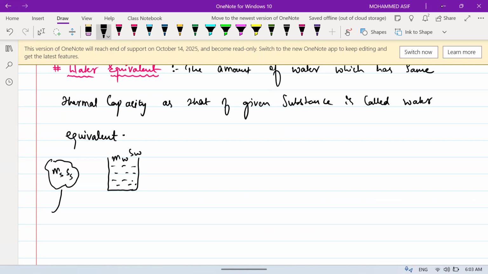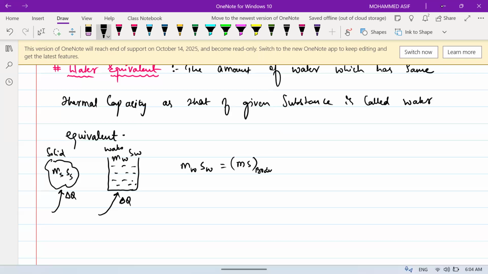Whatever amount of heat I give to this solid, if I give the same amount of energy to your water, whatever rise in temperature is seen for the solid, the same amount of rise is also seen for the water. That is the reason we say that mass of water into specific heat of water will be equal to M into S of your body.